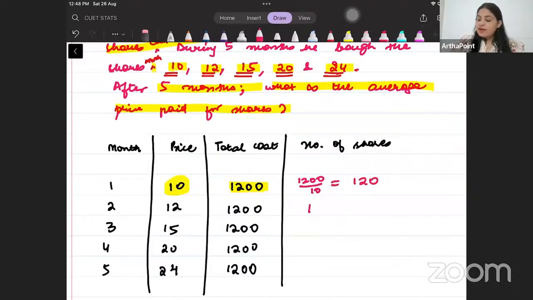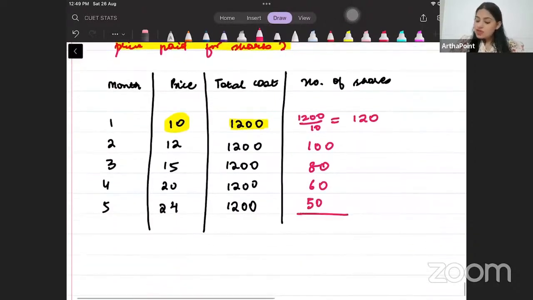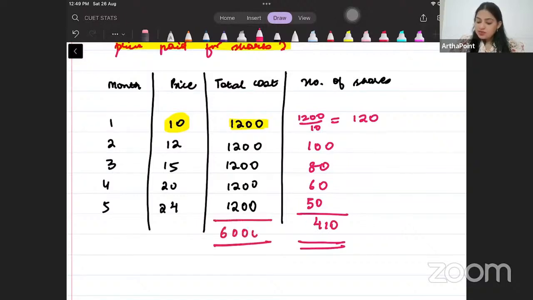Then 1200 divided by 12, 1200 divided by 15, 1200 divided by 20, and 1200 divided by 24. So the total number of shares you would have bought would have been the summation of these. That means 410.